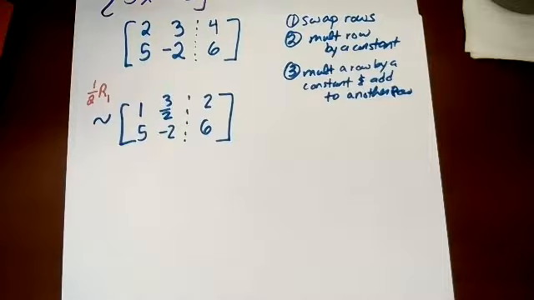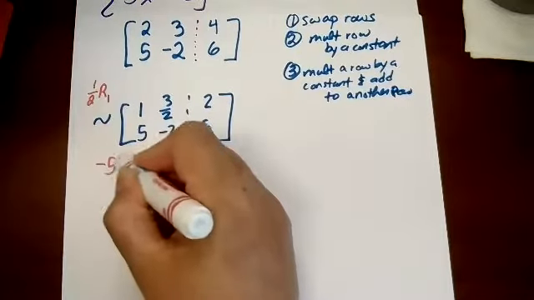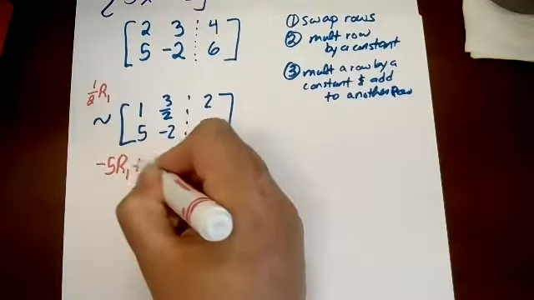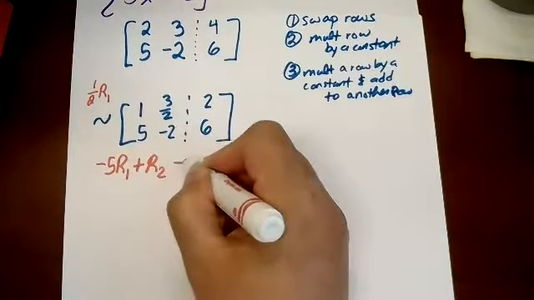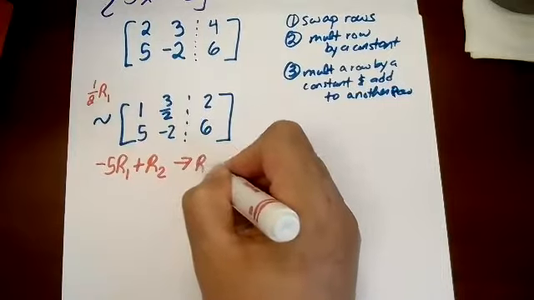So the name of what I'm doing is -5 times row 1 and add it to row 2, putting the answer in row 2.